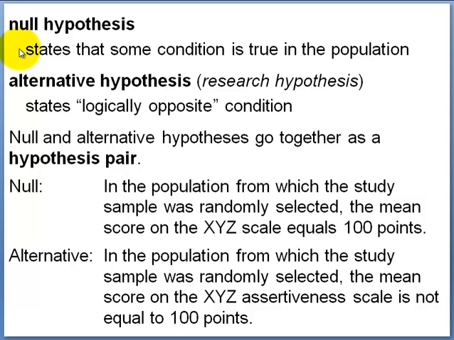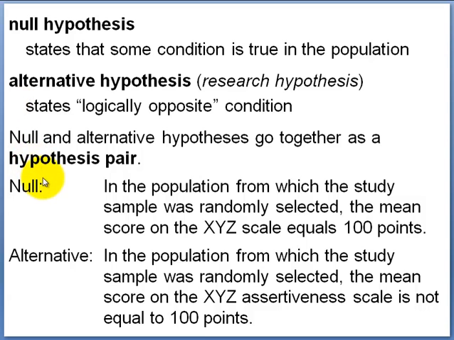The null states that some given condition is true in the population. The alternative hypothesis, in essence, negates the null. It states that the null is false, or viewed differently, it states a logically opposite condition.